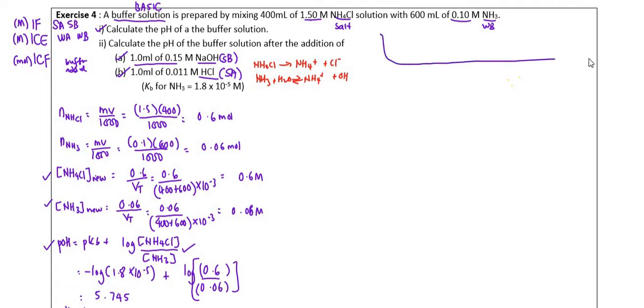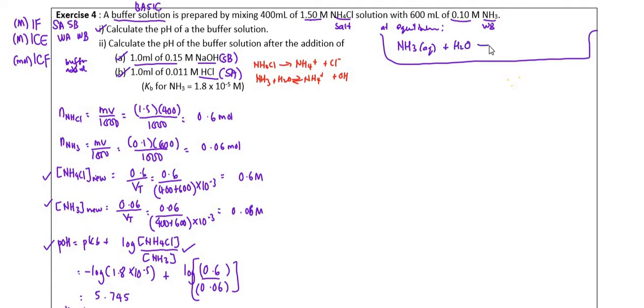Okay, imagine in your beaker. What at equilibrium, what the species remain in your beaker? The answer is NH3 with H2O.